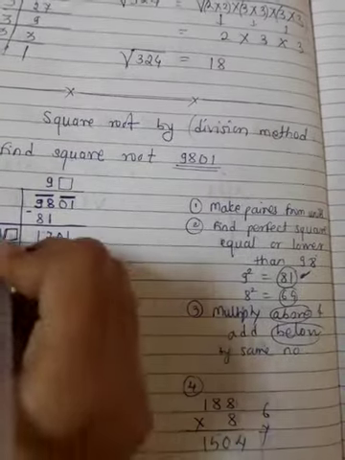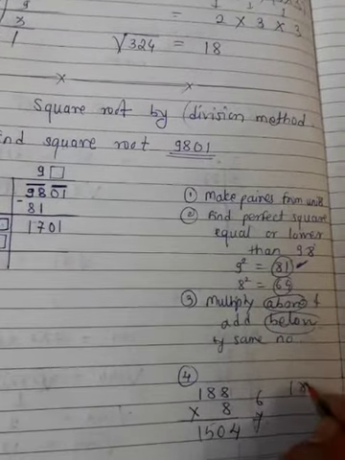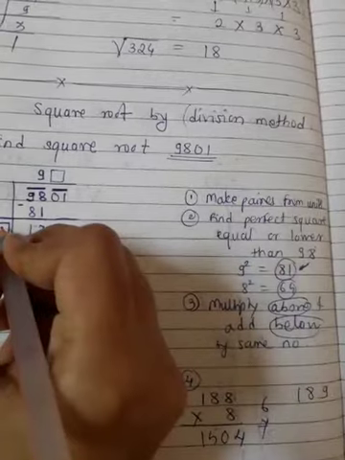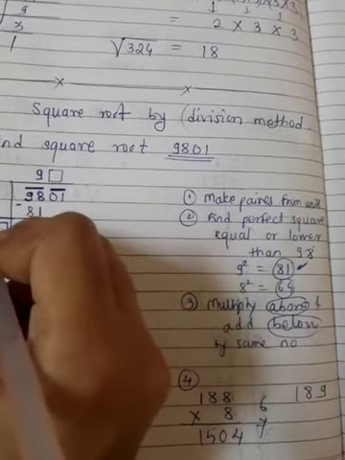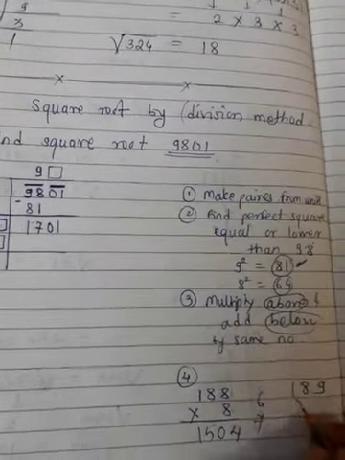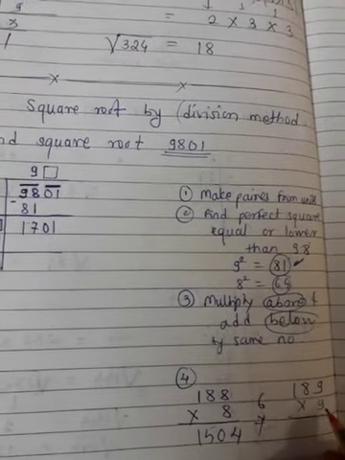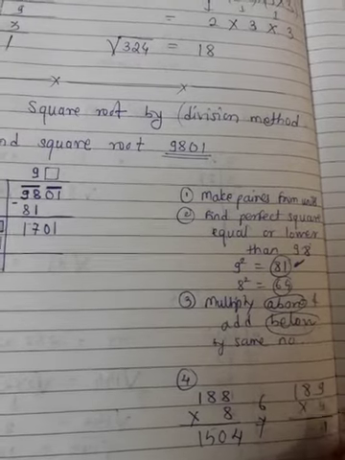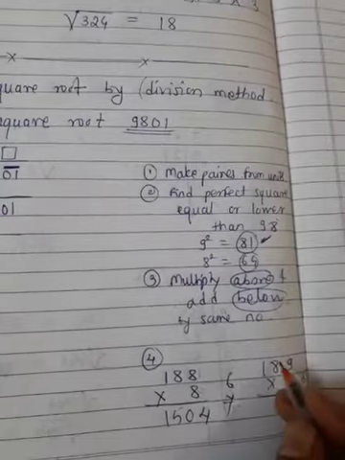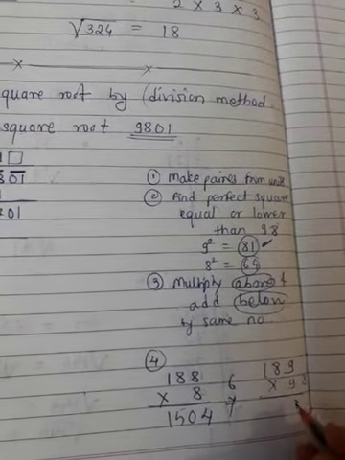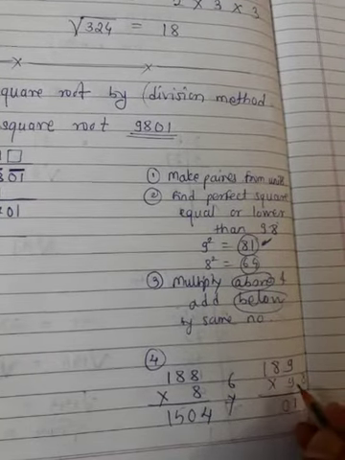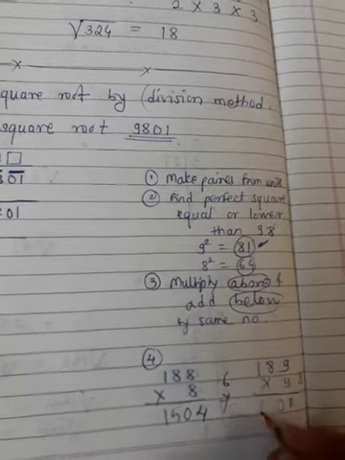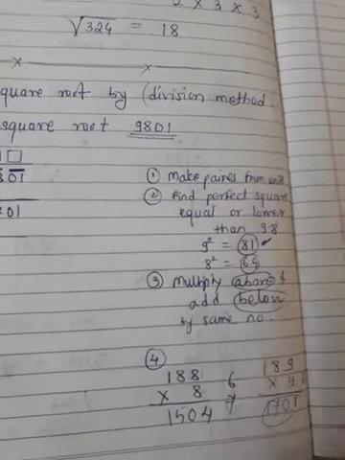So instead of 8, if we choose 9 here, then we have to choose 9 here too, and when we multiply 189 by 9, what will we get? 9 into 9 gives 81, 9 into 8 gives 72, 72 plus 8 is 80, carry 8, 9 into 1 is 9, 9 plus 8 is 17. Now see, we obtain the same number.